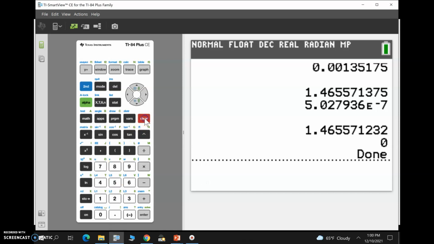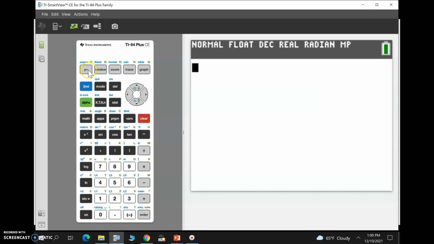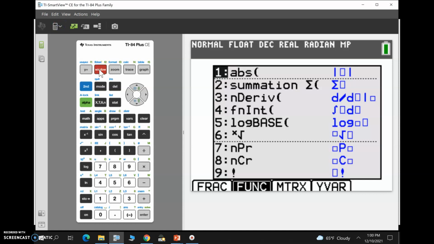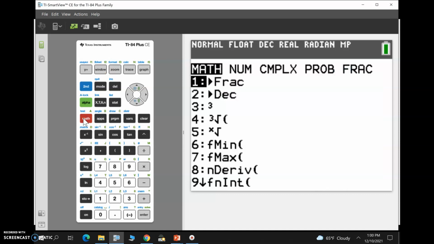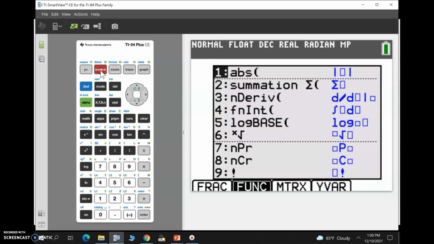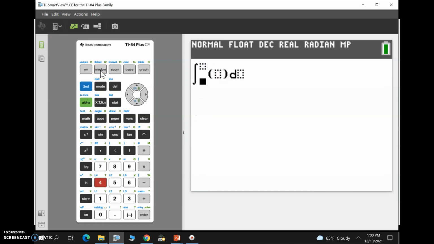Okay, so let me remind you of how you can get that integral on your calculator. You can either go alpha window, and you can see it there, number 4, or you can go to math and go down to number 9, either one. So again, that was alpha window and choose number 4, or go to math and choose number 9.